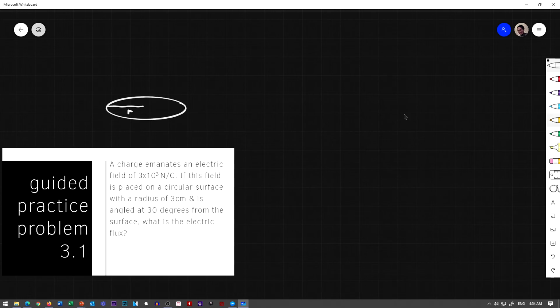Okay, then the electric field will be represented by color yellow. So according to the problem, the electric field is angled 30 degrees from the surface, so not from the normal. Okay, so what angle would that be? That would be theta. So this is your electric field, and this will be your theta, this one here.